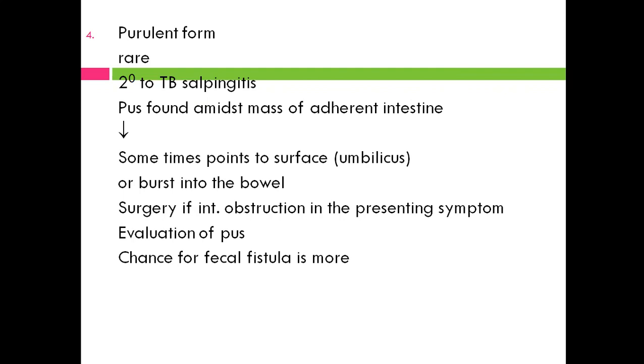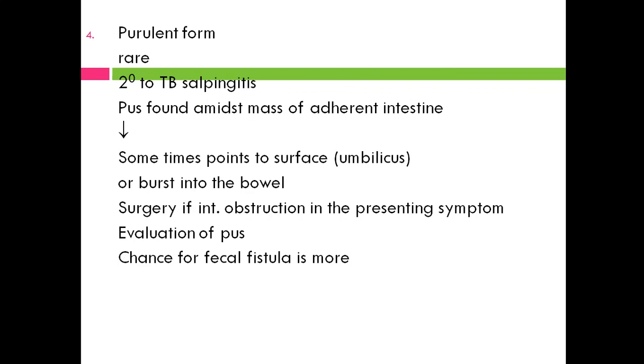And the last one is the purulent form. It's a rare variety in case of tuberculosis. It can be secondary to tuberculous salpingitis, and the pus from the adnexa might form a mass of adherent intestine, producing a swelling pointing towards the umbilicus, or it may even burst into bowel.